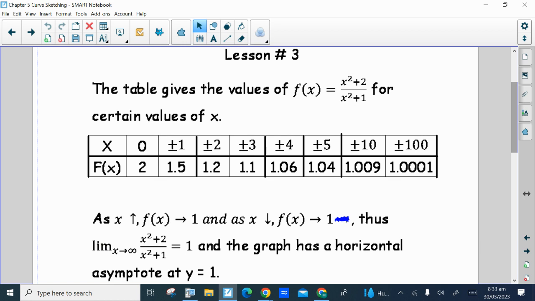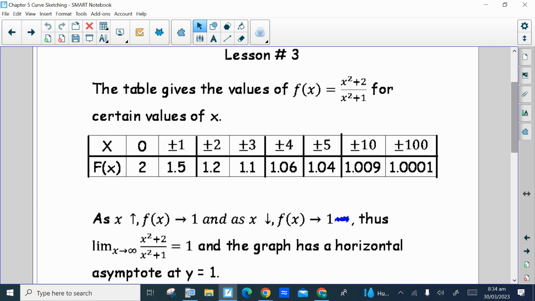So if we have the function f of x equals (x squared plus 2) over (x squared plus 1), and we plug those values in for either positive or negative values, because the x is squared in both the top and the bottom, you can see from the table of values that f of x is approaching a value of positive 1.